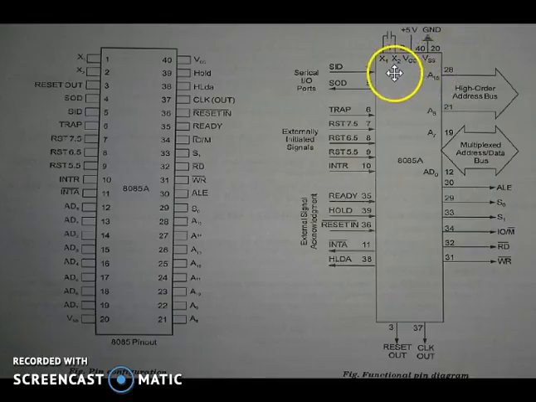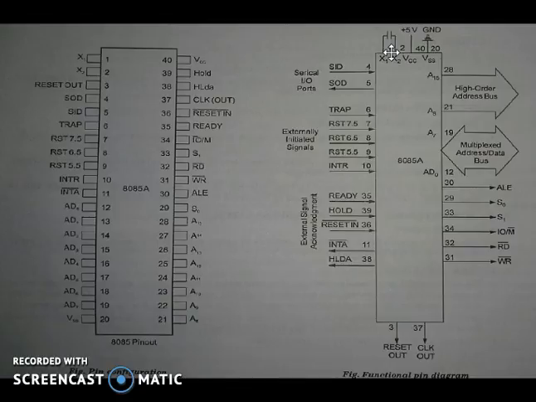And next we have X1 and X2. With the X1 and X2 pins, a crystal is connected, and the frequency of the crystal is internally divided by 2.